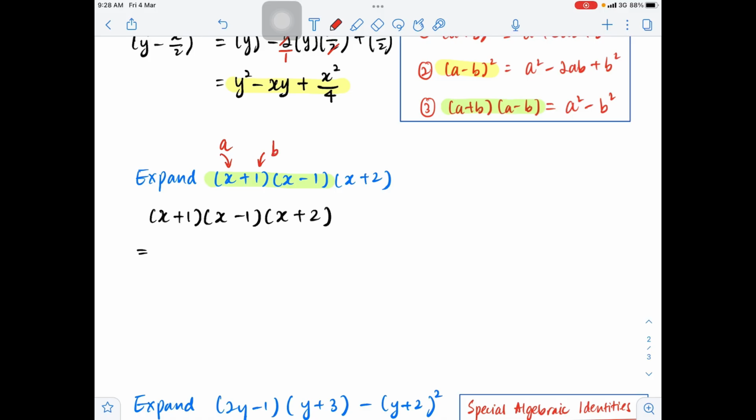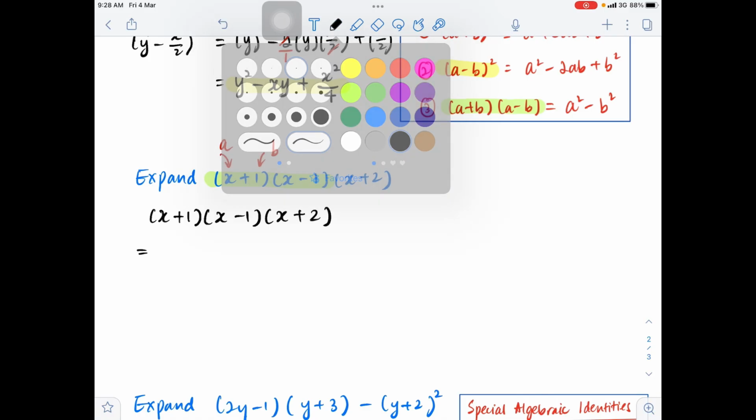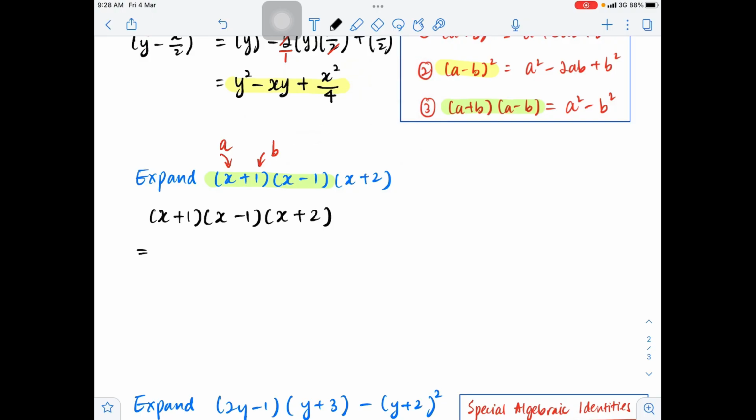So let's try to simplify the first part using the third special algebraic identity. That would give us a squared, which is simply x squared, minus b squared, which is simply 1 squared. So this part, x squared minus 1, is actually the expansion of (x plus 1) times (x minus 1).